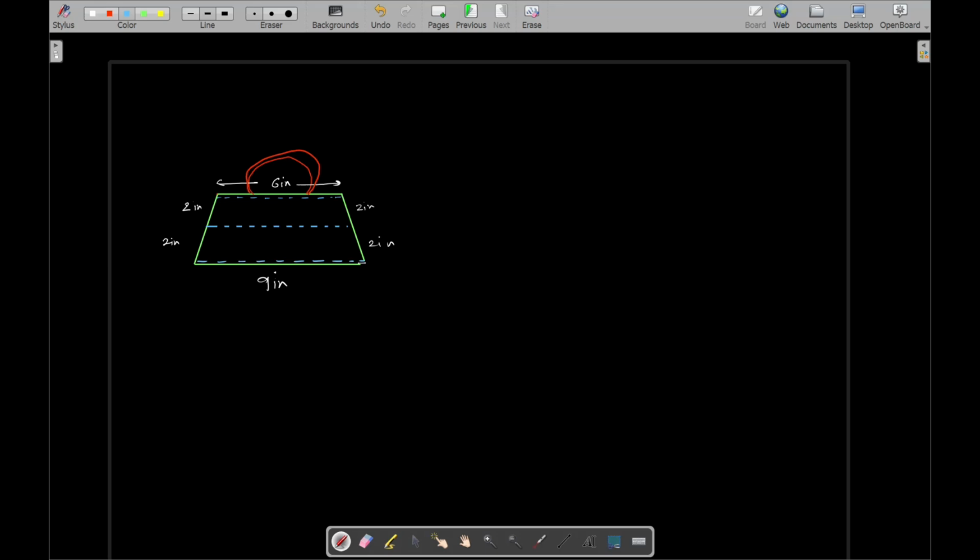She stitches decorative trim along the top, middle, and bottom. So you can see three stitches along the top, middle, and bottom. Since they're saying top, middle, and bottom, this information is enough that this is specifically the midpoints. Then we can just do 9 plus 6 divided by 2 to find the middle. 15 divided by 2 is 7.5.